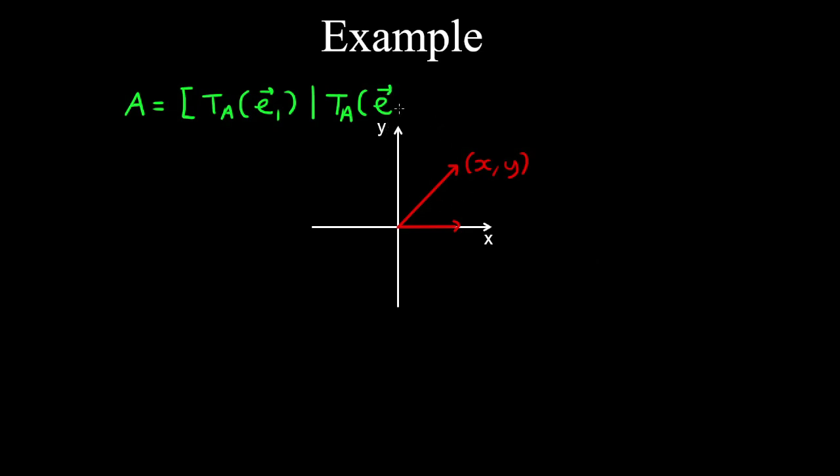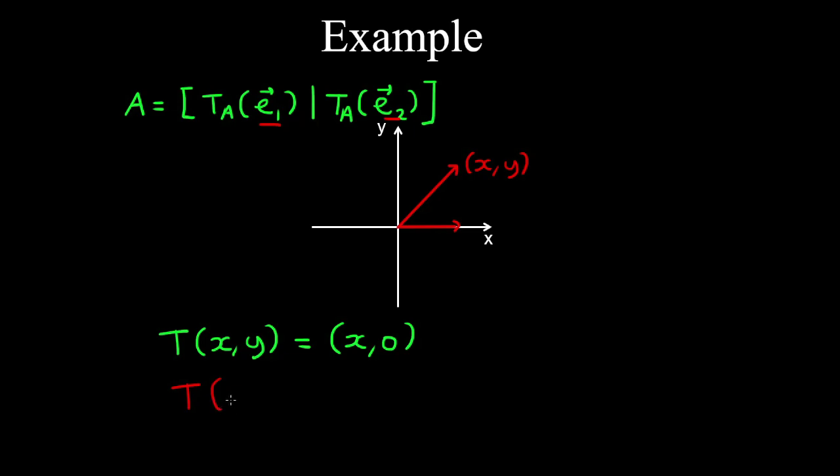Here we have 2 dimensions, so we'll stop here. First, our projection operator applied to the vector with components x and y should result in a vector with components x and 0.